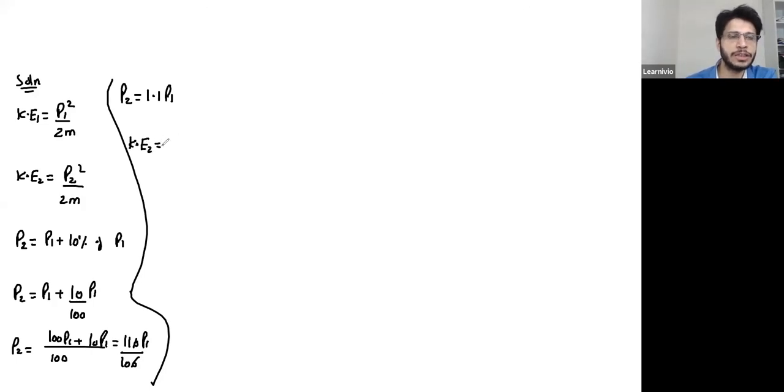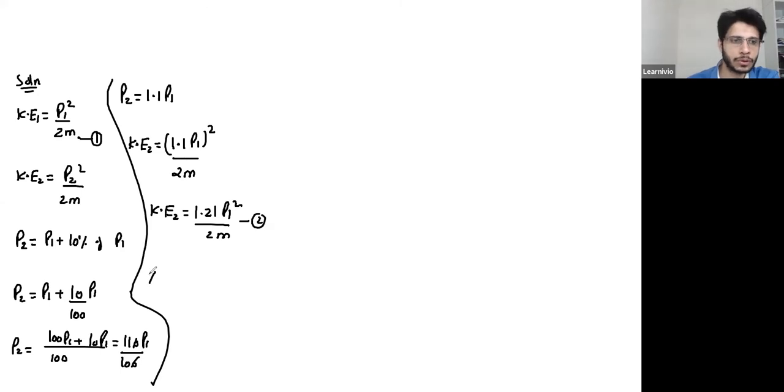The final kinetic energy K2 will be 1.1 P1 square over 2m. So the final kinetic energy K2 is 1.21 P1 square over 2m. So this is K1 and this is K2. So the percentage change in kinetic energy is final minus initial kinetic energy divided by initial kinetic energy multiplied by 100.